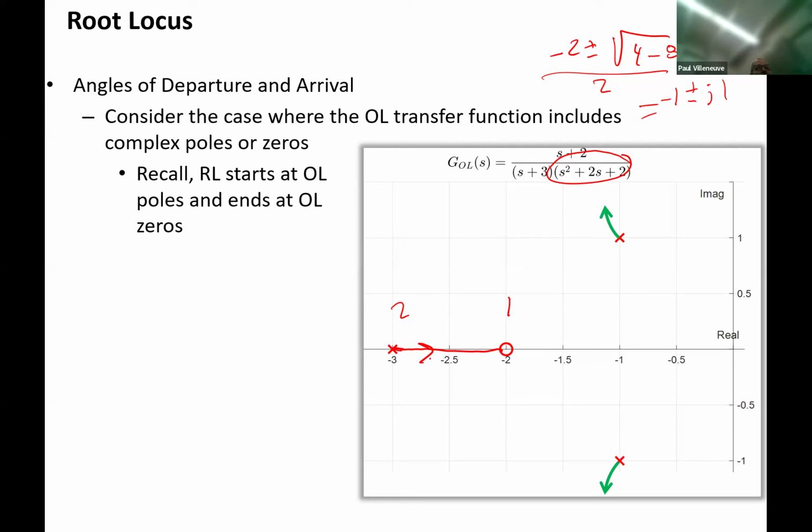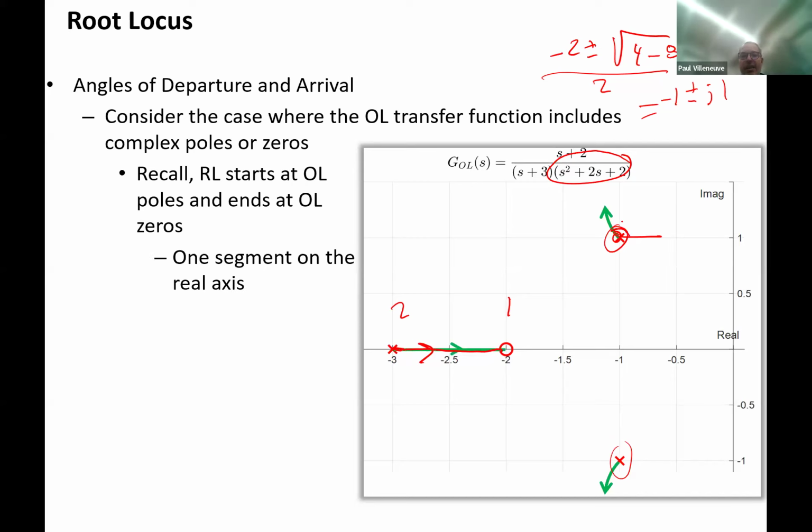So that root locus terminates. Over here, I have 2 poles, but I have no zeros. So I'm not going to terminate and go back to the real axis because I don't have any real axis zeros. Even I'm getting confused. So this one is going to actually start to peel away and then go off to s equals infinity. So what are the angles that this takes off at?